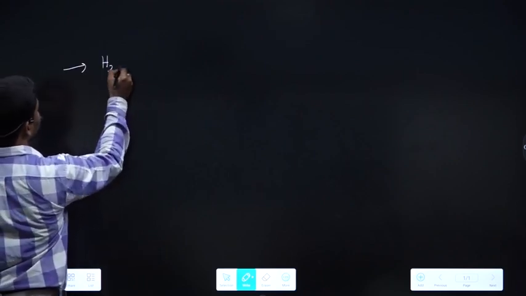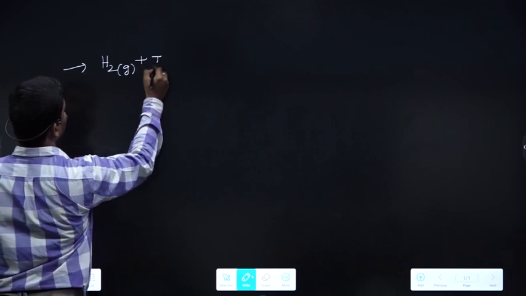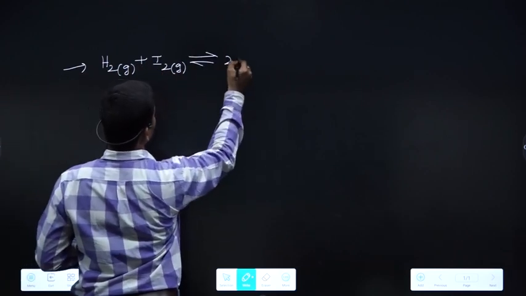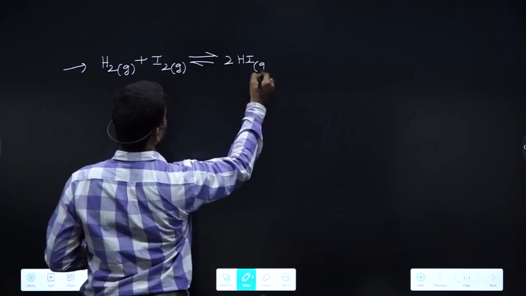Write the reaction. H2 gas plus I2 gas gives 2 moles of HI gas.